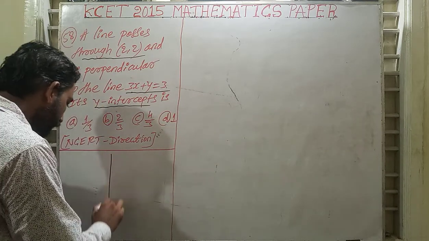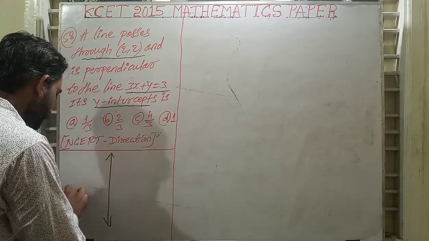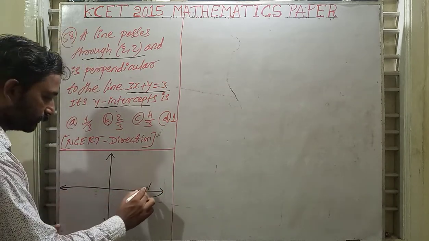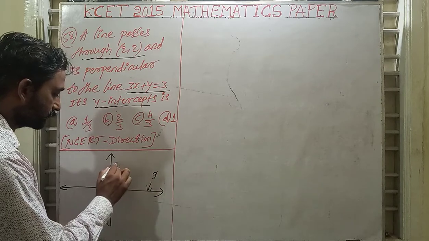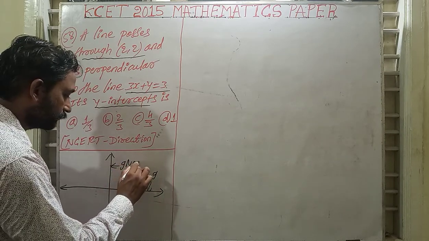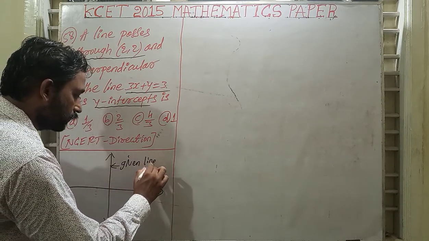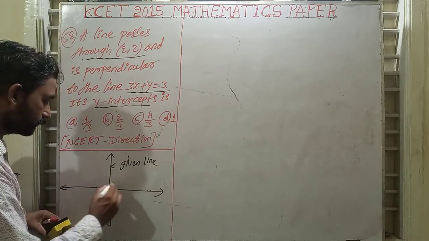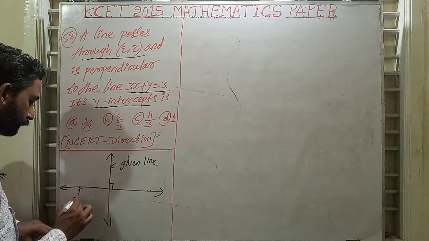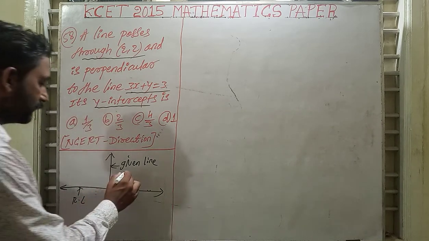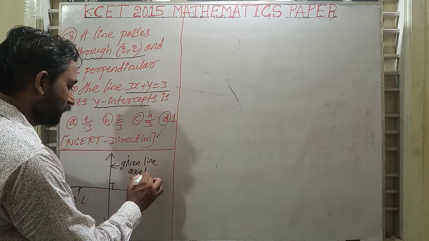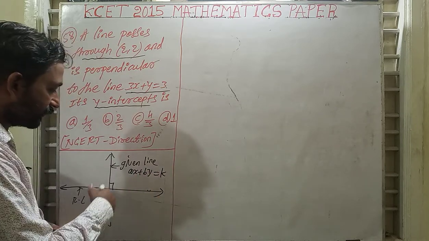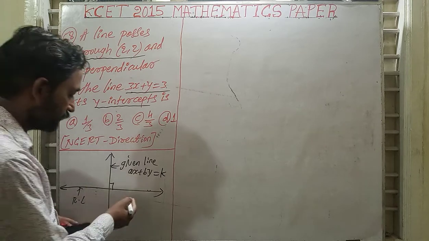We write the perpendicular line directly if one line is given. This is the given line, which is perpendicular to the required line. This is the required line. The given line is in the form ax plus by is equal to k, so the required line can be written easily in this form.